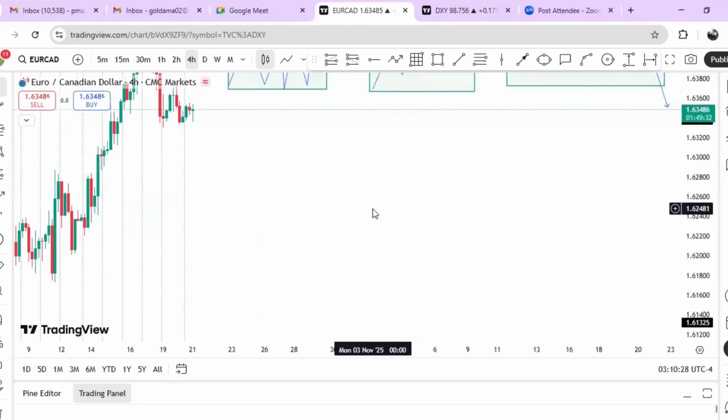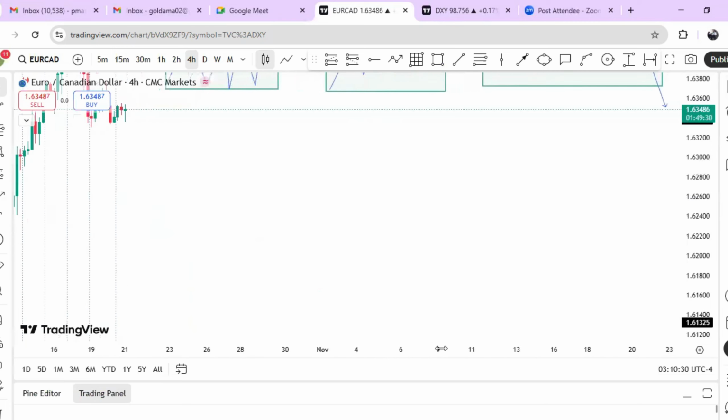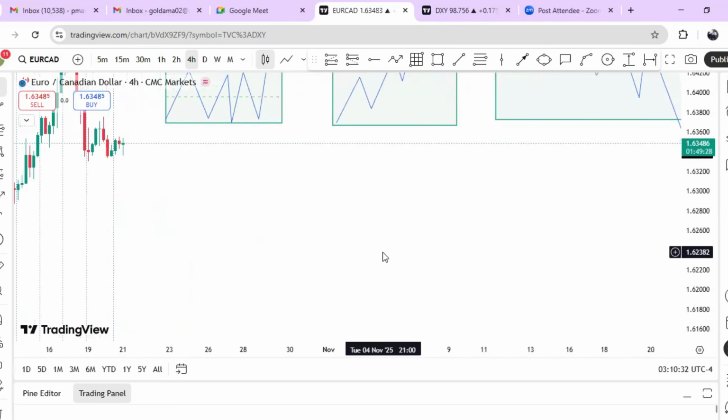Like my boss would say, always make the trend your friend. Let's say you come to the market now and you saw a bullish push. How do you identify it?